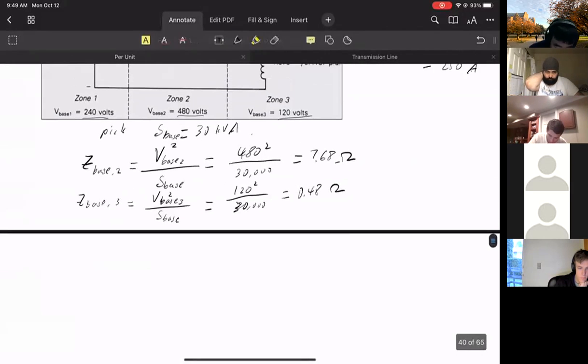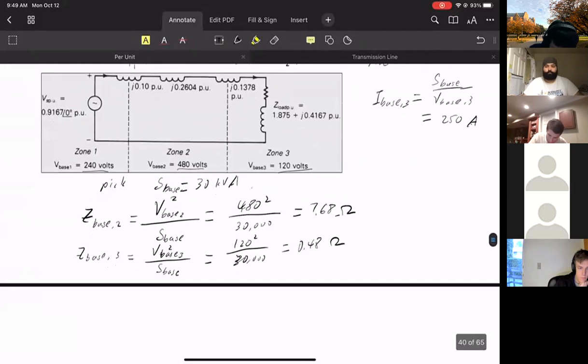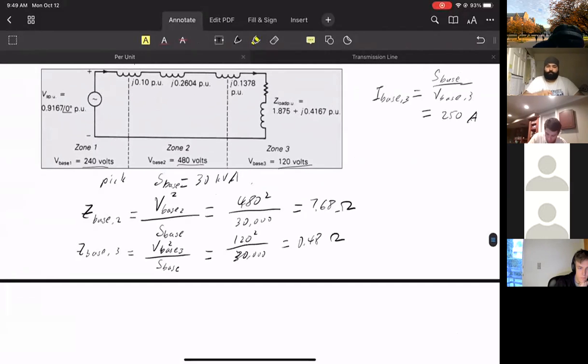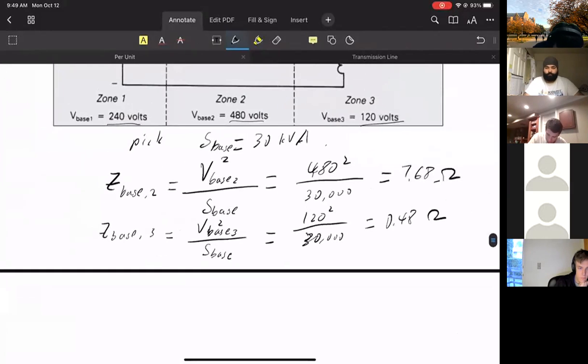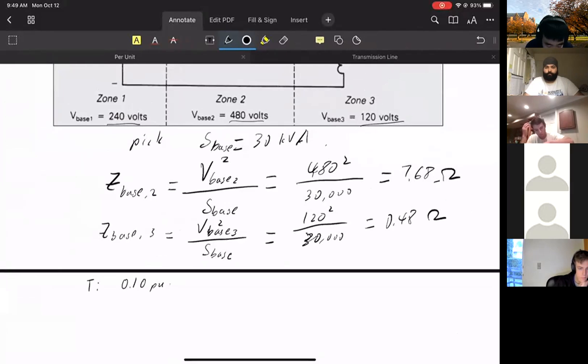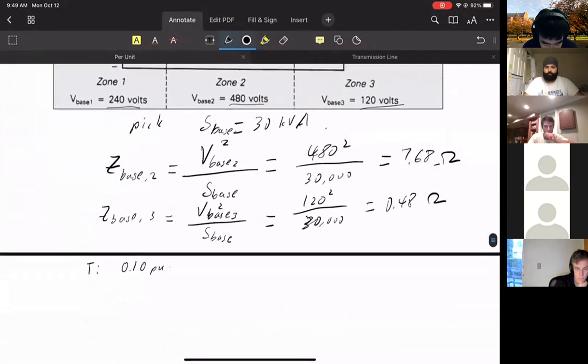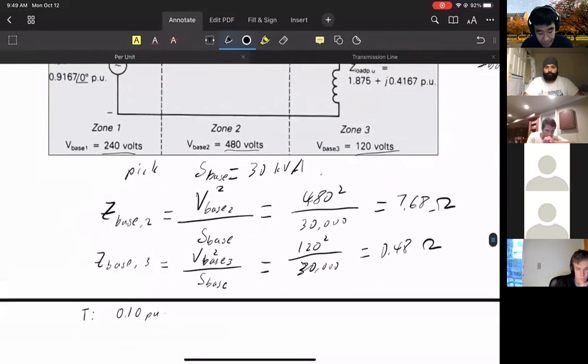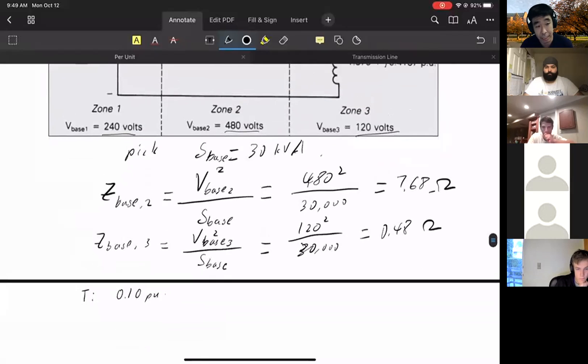Okay, so now let's look at each zone. For zone 1, for transformer 1, we have a value of 0.10 per unit. But now we're going across zones and drawing a new circuit that should let us ignore all the transformers in the system.